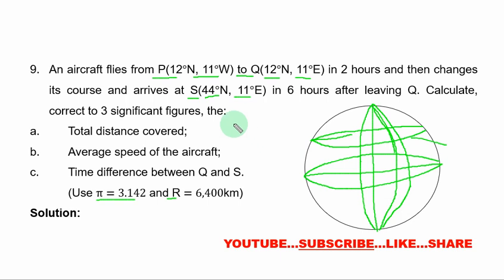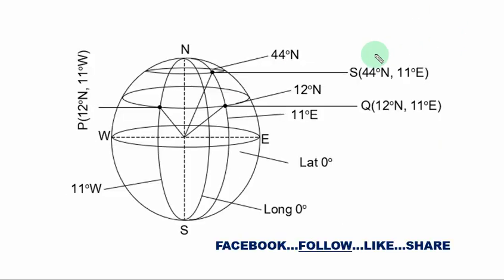You move to point S. Point S is latitude 44 degrees north, that is after 12, so somewhere here you have latitude 44 degrees north, the same longitude 11 degrees east. So this is how the diagram should look. All that I illustrated earlier is what you have here.